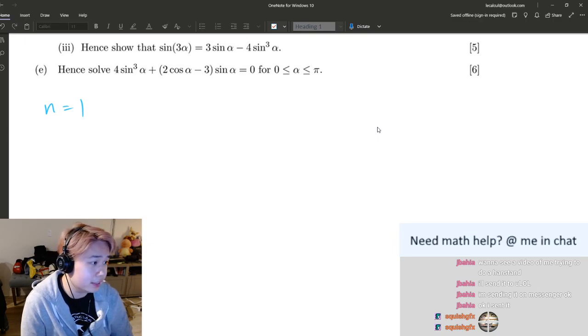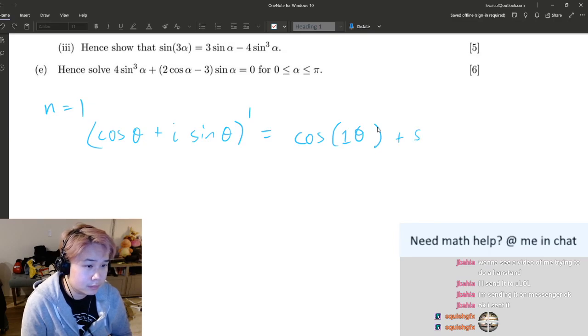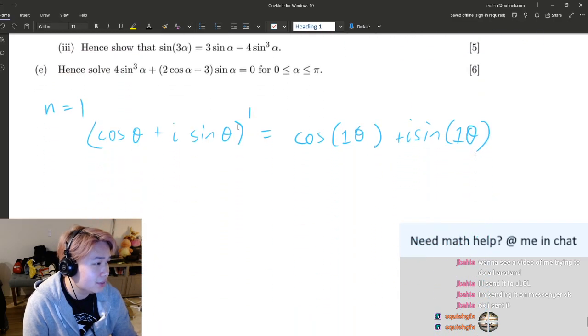And that's pretty self-evident. Of course you don't have to write it like this, but whatever. So anyways, definitely true for our base case.